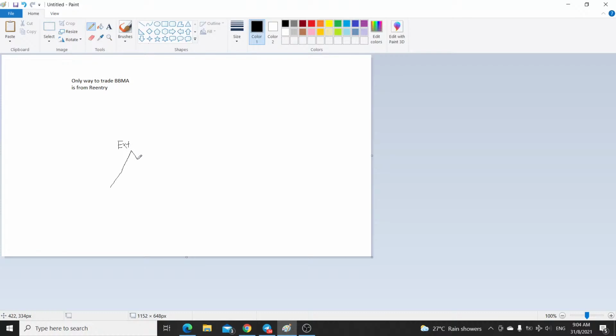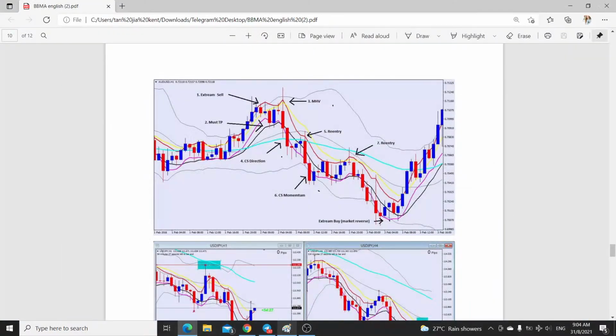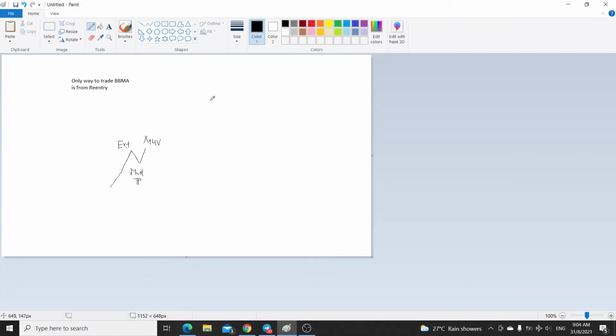Price drops, they call it must take profit. Go up here, it is MHB. Market loss volume, or what they call MLV. What they call MHB is actually called market loss volume.